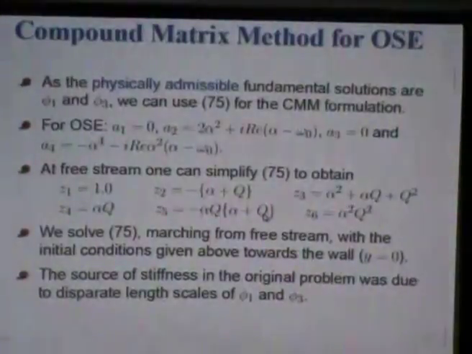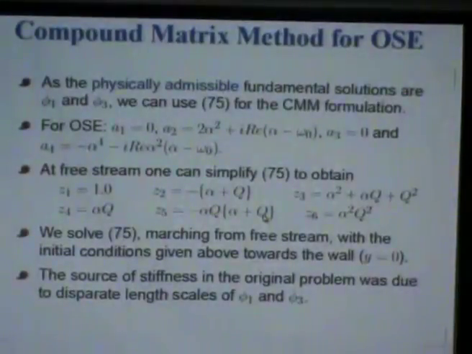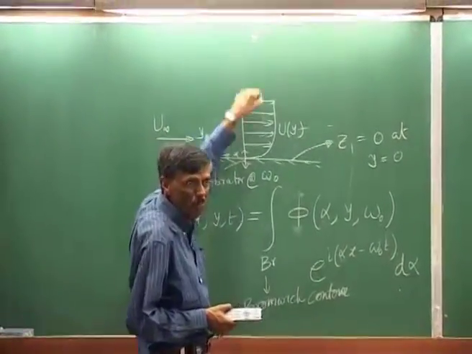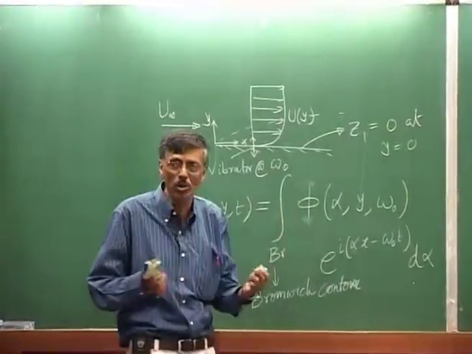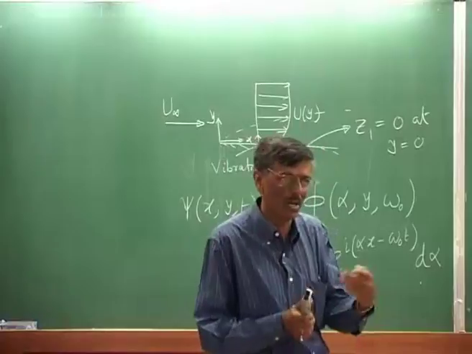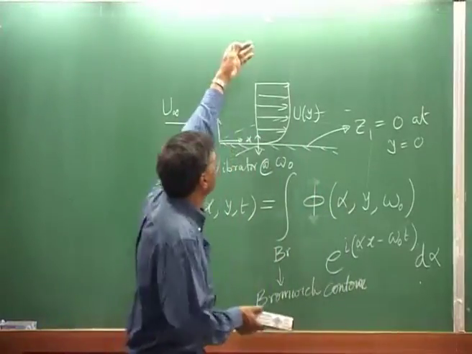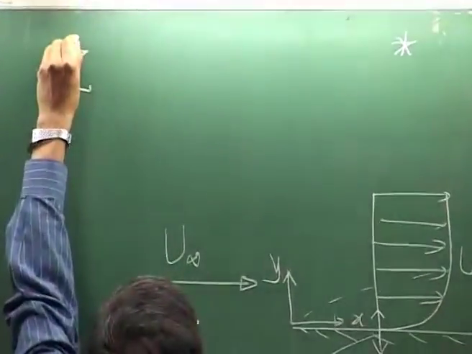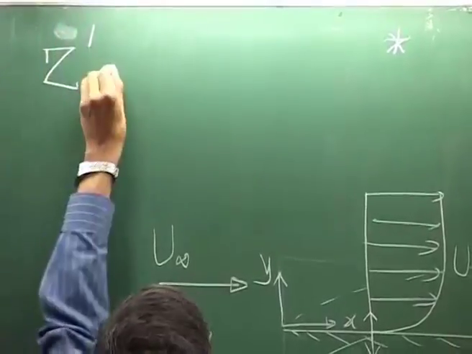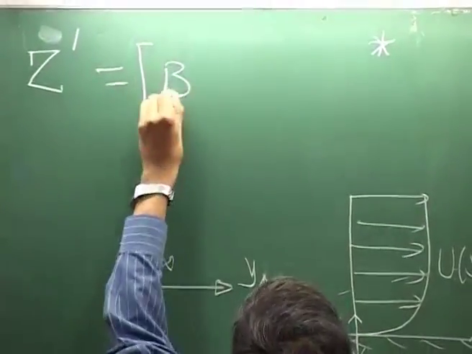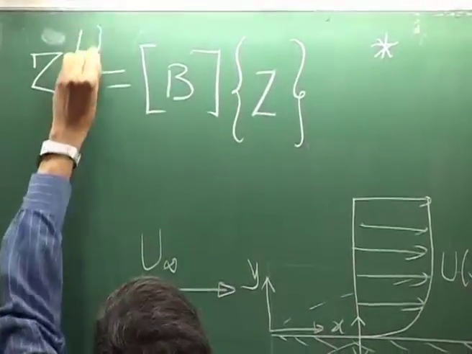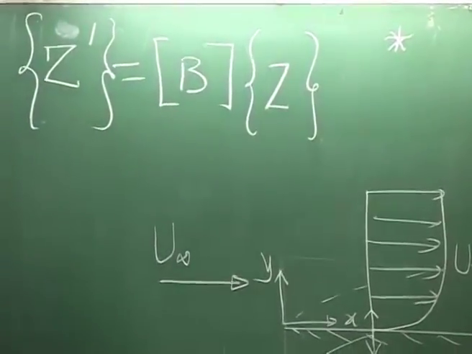So, we try to start the solution from far away in the free stream, and then we march downwards. You assume some value of alpha, because you have already fixed omega naught and Re. You start from there, and your governing equation is this Z prime equals this B matrix times Z.